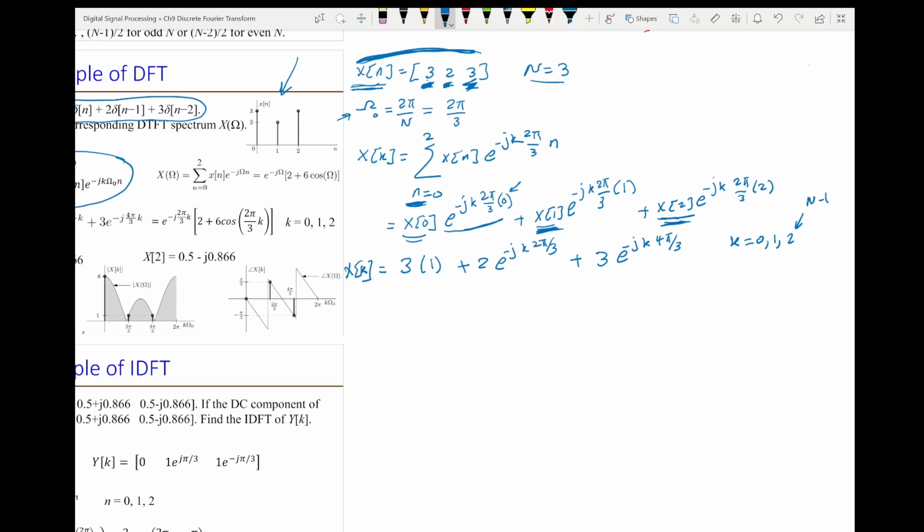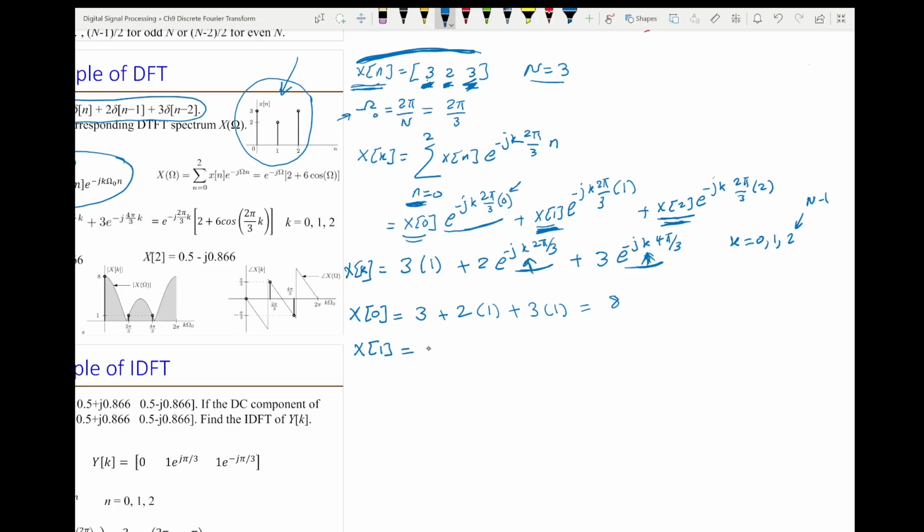Now, if I want to find the DC, x0, all I have to do is plug in 0 for k in this equation. So that will be 3 plus 2 e to the power of 0, which is 1, plus 3. Again, when I plug in k equals 0, e to the power of 0 is 1. So that will be 8. Now, if I want to find the first harmonic, x1, then wherever I see k here, I plug in 1.